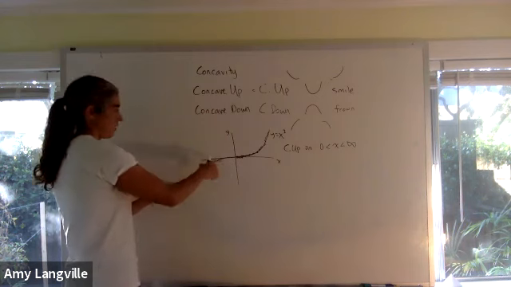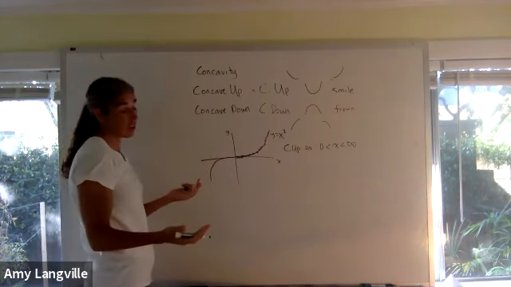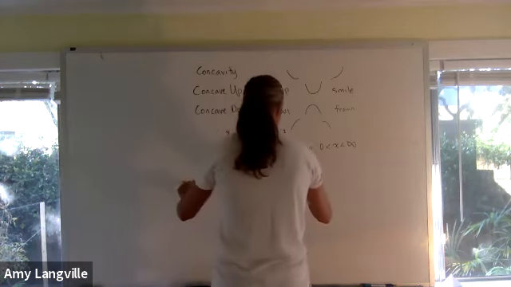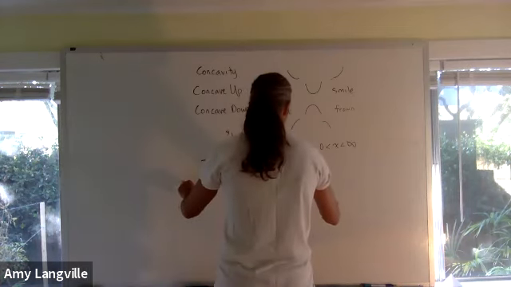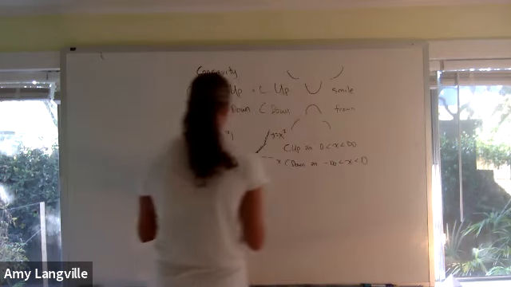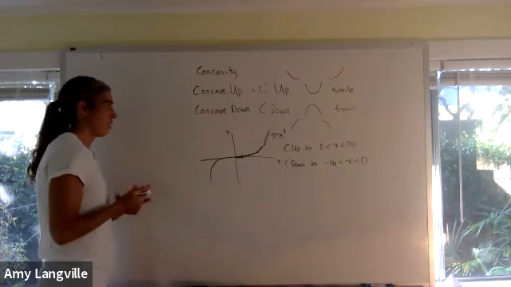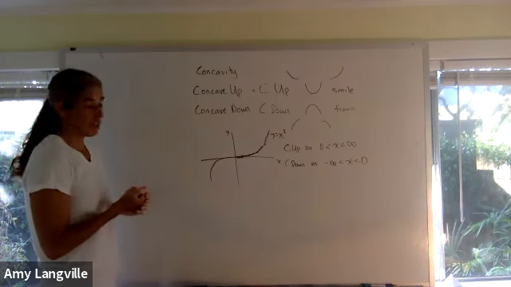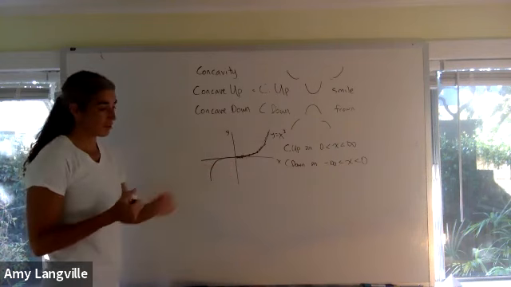And then in this case, everywhere else that it's not concave up here, it does have concavity in the other direction, from minus infinity to 0. Okay, now what do you notice about these sections where it's concave up? Let's focus on the shaded part here.